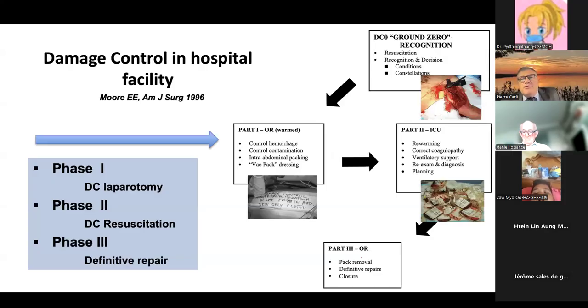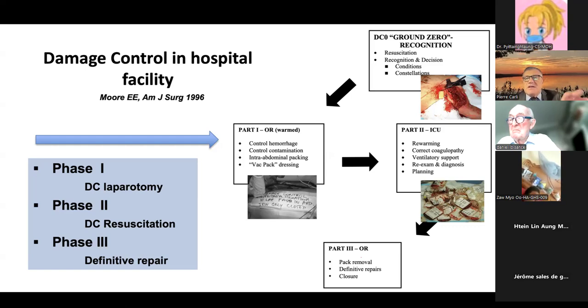The important point is to understand that the first part of the surgery will be in damage control to stop the hemorrhage, and then, once the hemorrhage is stopped, to resuscitate the patient and control coagulopathy before making more complex surgery. Because if you do complex surgery with a patient with a coagulopathy who is in shock, the result will be poor. But if you stop the shock and then repair the patient, you will do that far more efficiently.